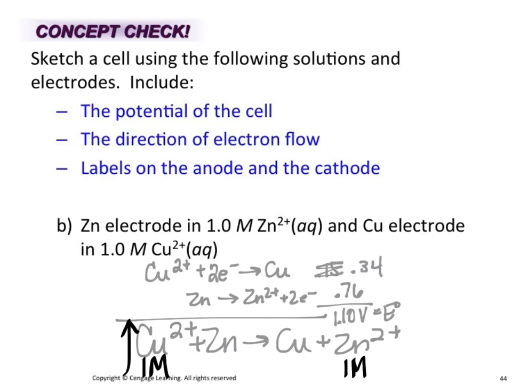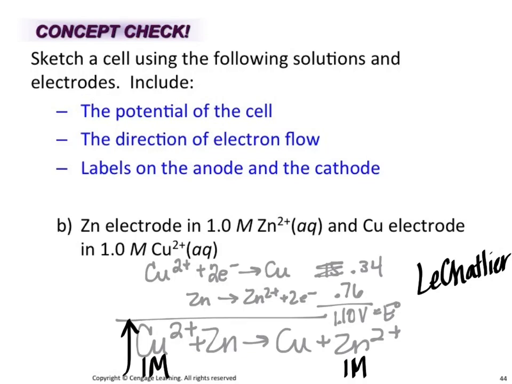That all comes down to Le Chatelier's principle. So you've got to be able to look at that and see, if we increase or decrease our potential, what is going to happen. And we're going to talk about that tomorrow with Q. Any questions on that?